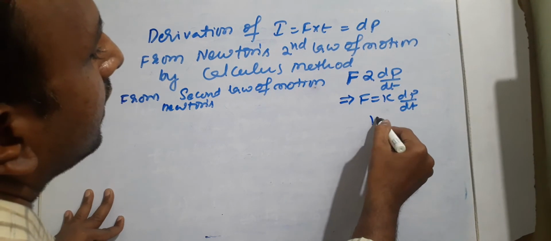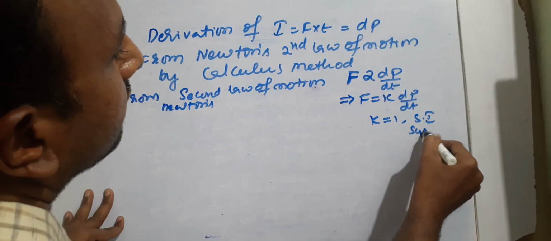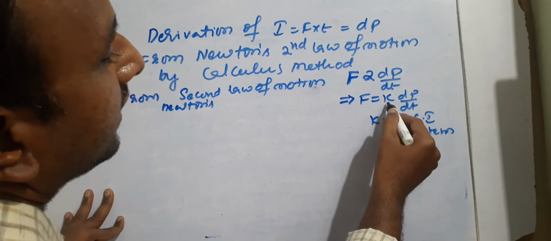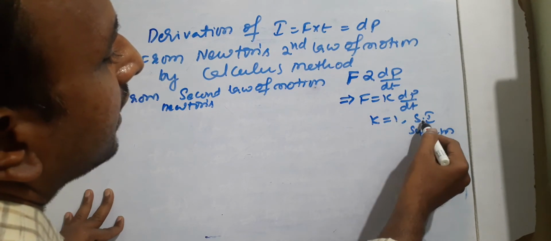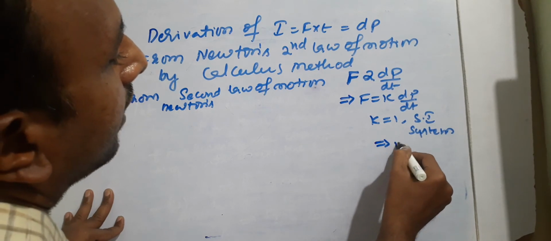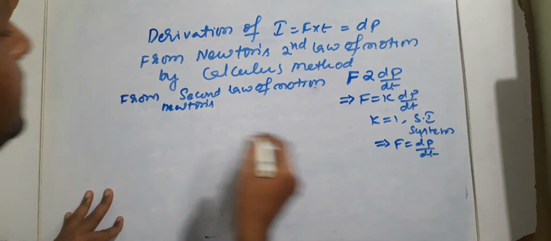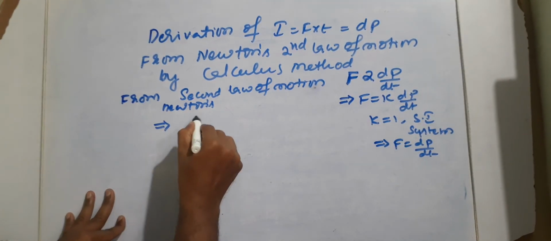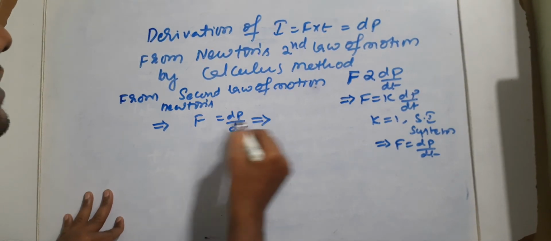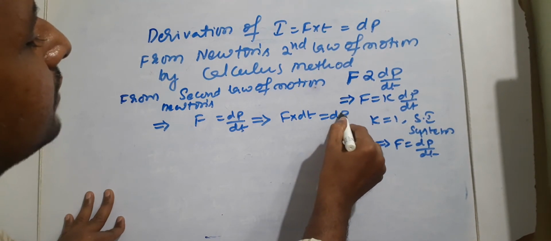But the proportionality constant k, its value in the SI system is taken as 1. Then Newton's second law of motion can be written as dp by dt. So F is equal to dp by dt. Now by cross multiplication, we can write F into dt is equal to dp.